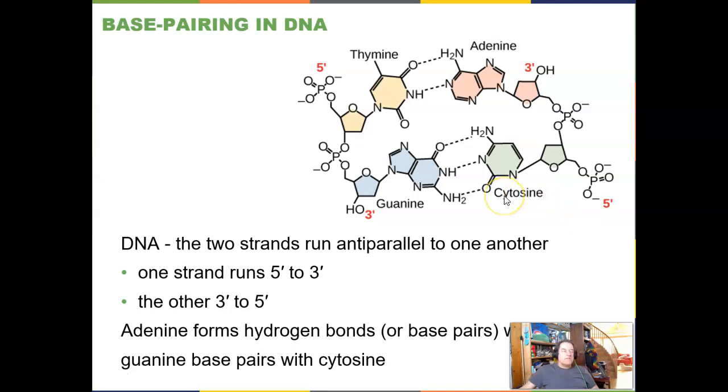The next thing is the chemistry of DNA and RNA is such that you can only add on a new nucleotide to the 3' end. So we can only build this molecule in this direction. We can add on going down this way.